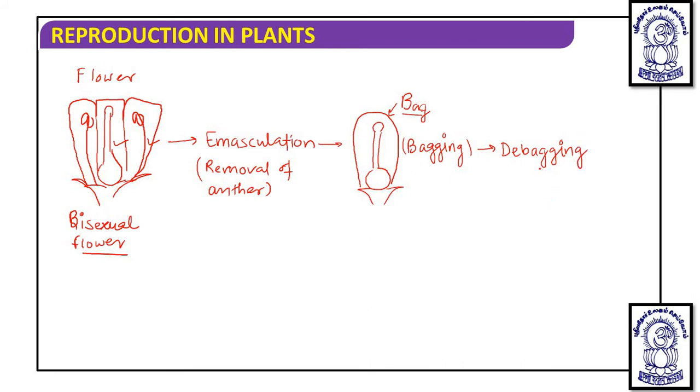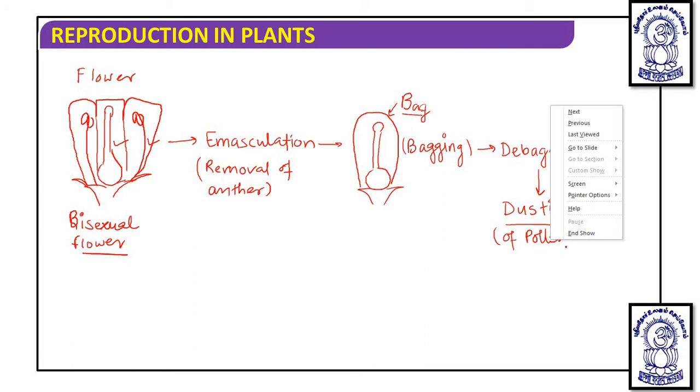Now after debagging, what will happen? The stigma is matured, so we can dust the desired pollen grains over it. So we carry out dusting, and this dusting is done with pollen grains that are desirable.